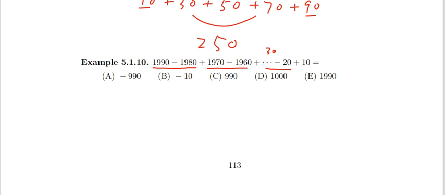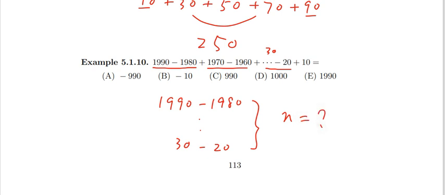So how many are those? We just check, like, from 99 minus 98, and let's say going down to 30 minus 20. So how many terms? Just find n, equal to what?